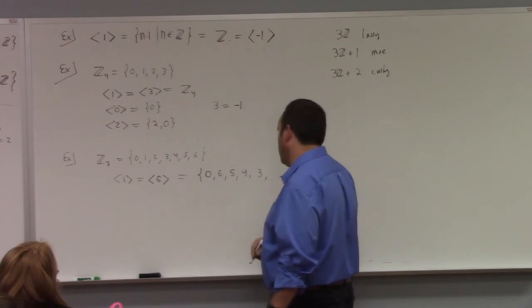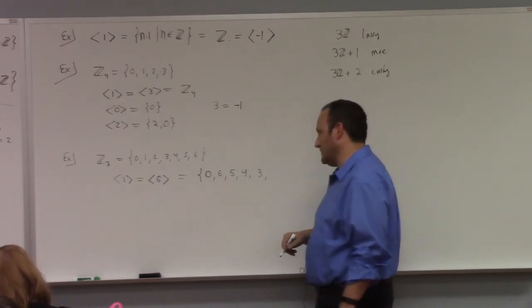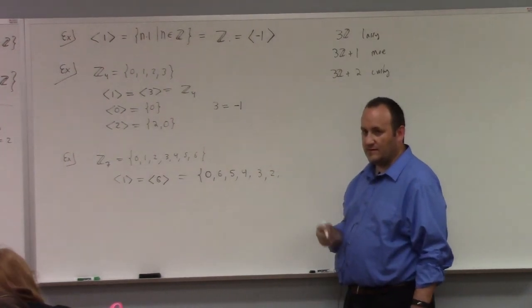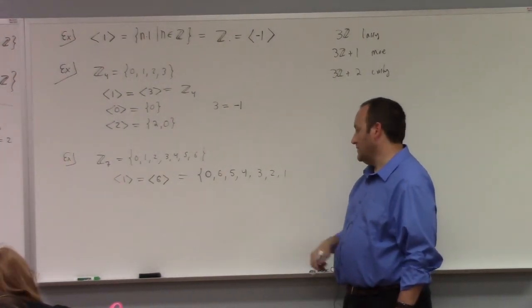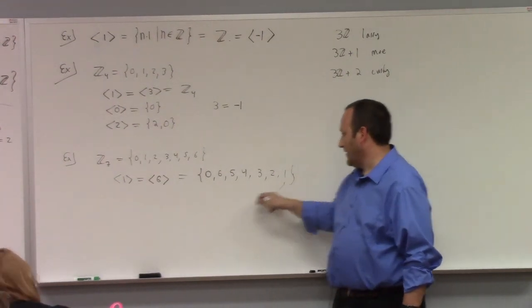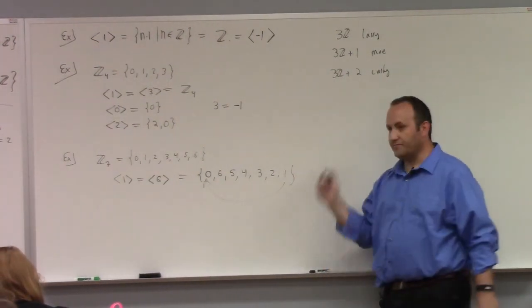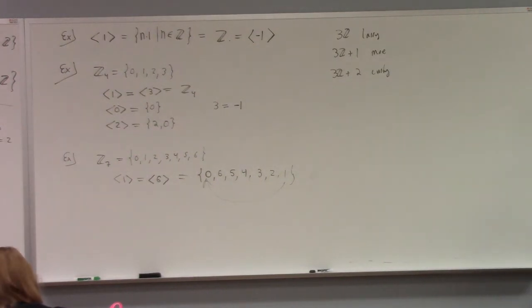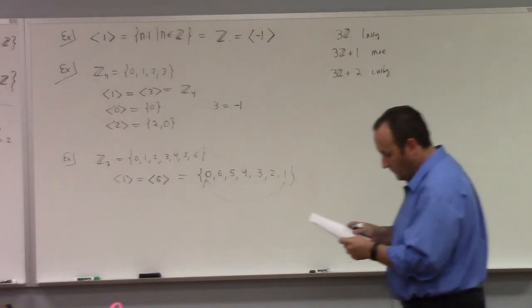What's 3 plus 6? 9, which is 2. What is 2 plus 6? It's 8, which is 1 mod 7. What's 1 plus 6? Anyway, we're back to here. There you go. So 1 generates Z7, 6 generates Z7. Okay, it's fine.